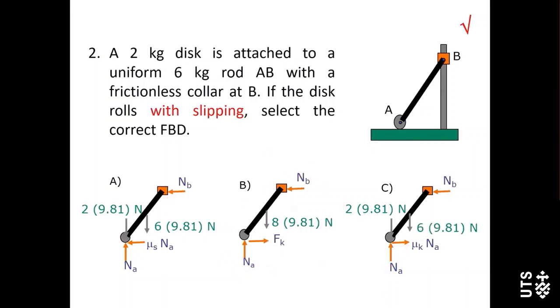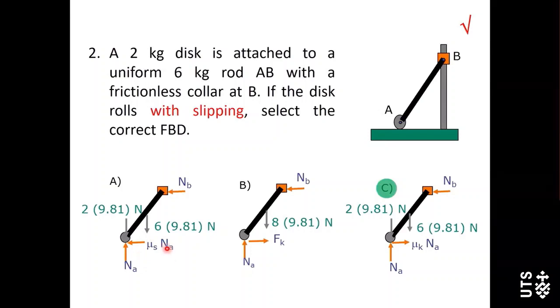In this one here, C is correct. Okay, why is answer A incorrect? Slipping occurs, so it should be kinetic friction force.